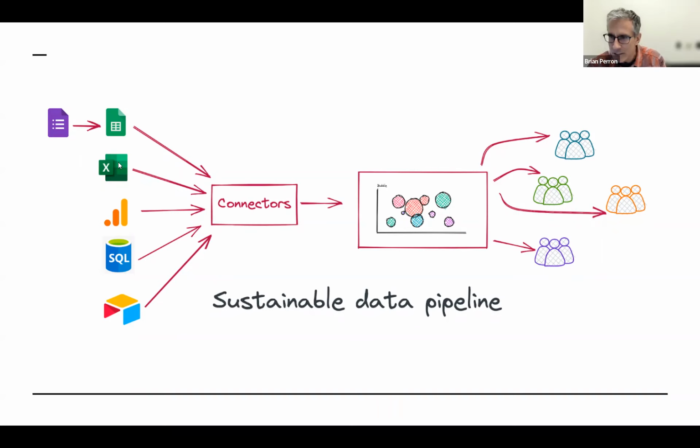You might have Excel data sources. This is Google Analytics, so if you're doing website development, we've got another data stream there. A SQL database, this could be a donor database. It could be QuickBooks or something in more of a database format. People are adopting Airtable as well, which is a relational database. And so we have all of these different streams of data.